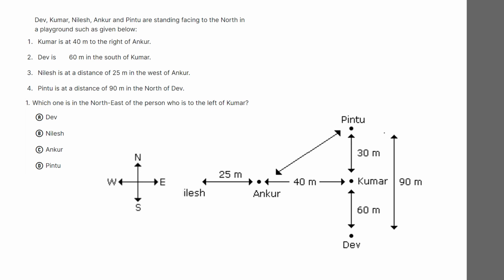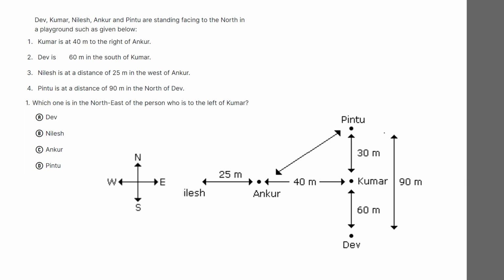Yes, the moment you see that facing to the north, you draw your direction chart, east, west, north, south direction chart, and then you start drawing the remaining chart of the problem. Now, first point given here is Kumar is at 40 meters to the right of Ankur. So first one you can make out is the position of Ankur. Give the position for Ankur and fix the right side position for Kumar.